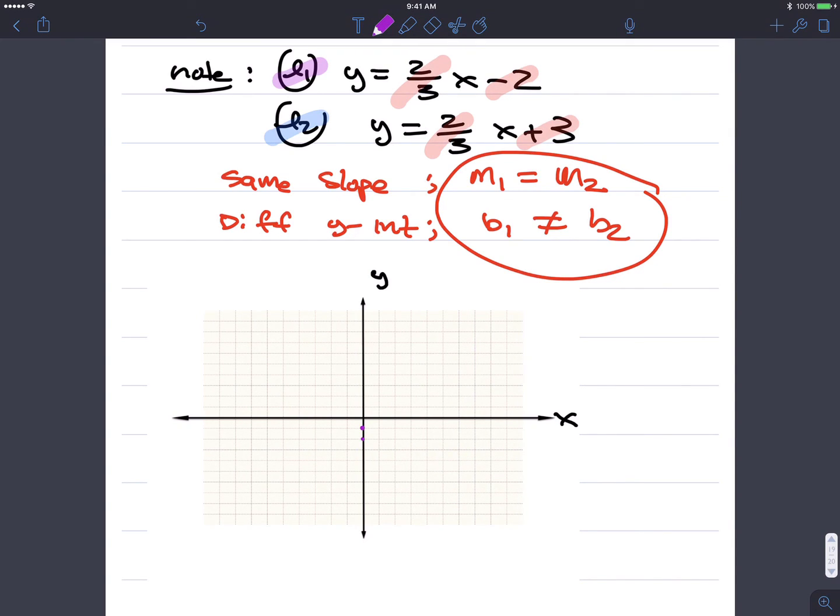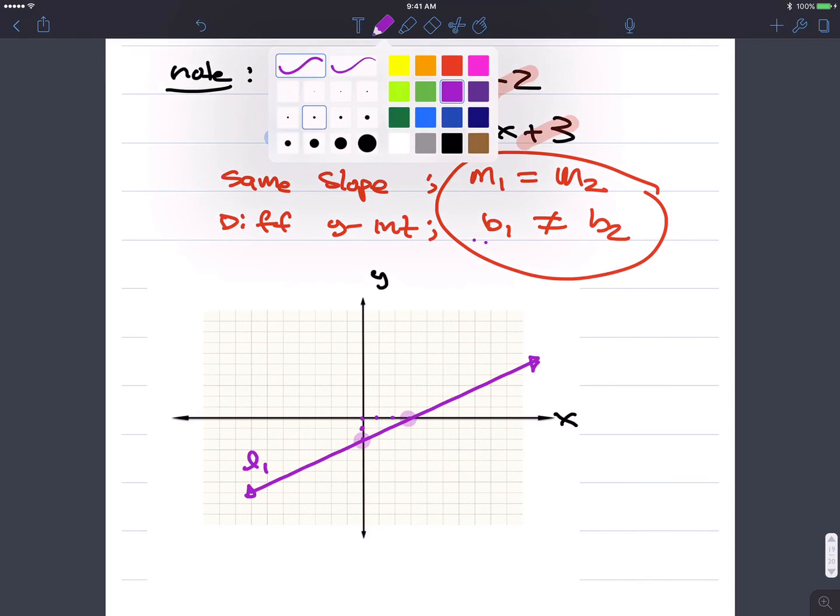So I go down 2 units. Here's my -2. I use a slope of 2/3. I go up 2, to the right 3. That's the location of my second point. We're now going to draw the line. Line 1. There's my first line.